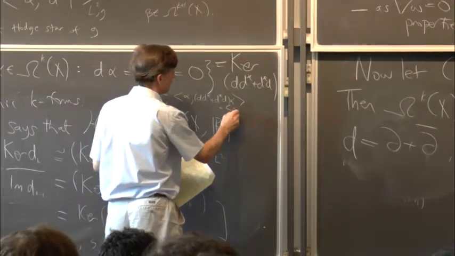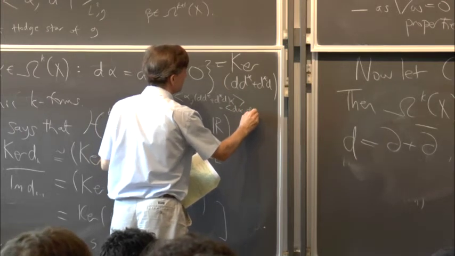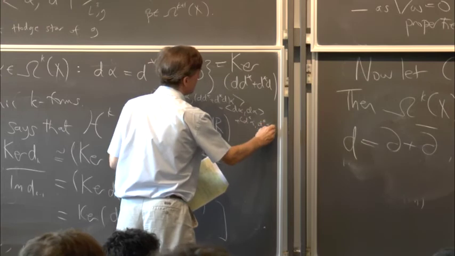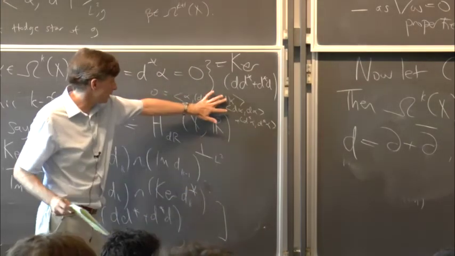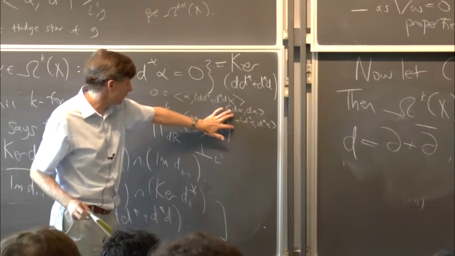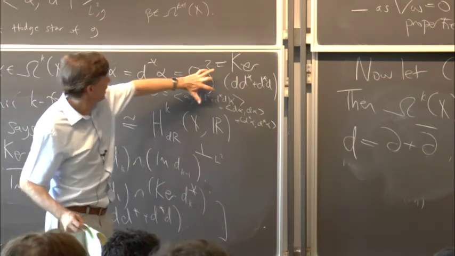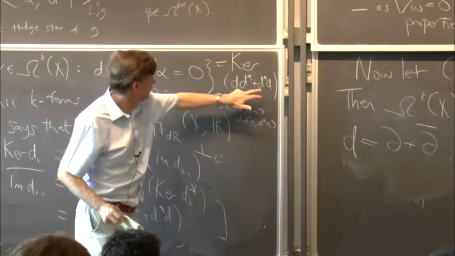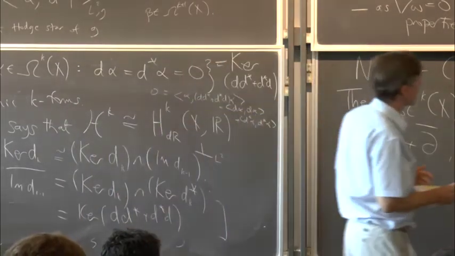You get the L2 norms of d alpha squared and d star alpha squared. So if you're in the kernel of this, then d star alpha and d alpha are also 0.